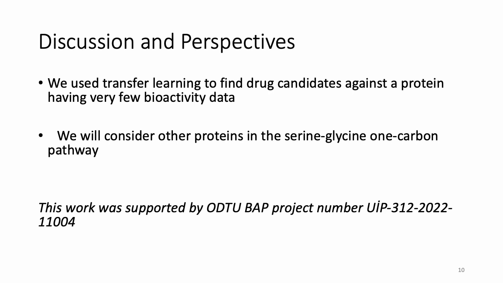Now, in fact, what we have done is to use transfer learning to find drug candidates against a protein having very few bioactivity data, and we will consider further other proteins in the serine-glycine 1-carbon pathway. Thank you for listening.